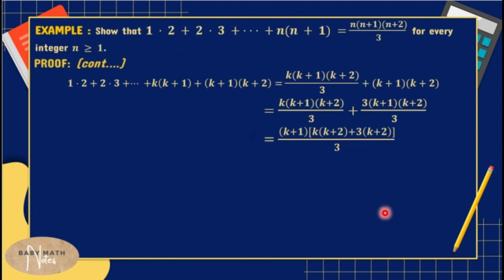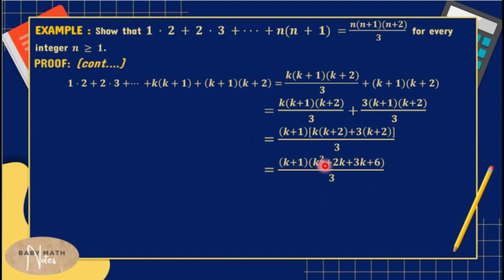Let us continue. Ayan. So, ano bang nangyari nung paglabas ng common factor nila? So, syempre, itong nasa bracket natin, yan na agad ang una nating isosolve. So, apply a distributive property, k times k is k squared, k times positive 2 is positive 2k, plus 3k, plus 6. Ganun lang yun, distribute lang. So, ganito na yung itsura ng sagot natin.